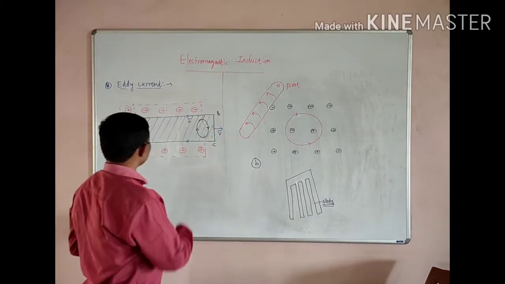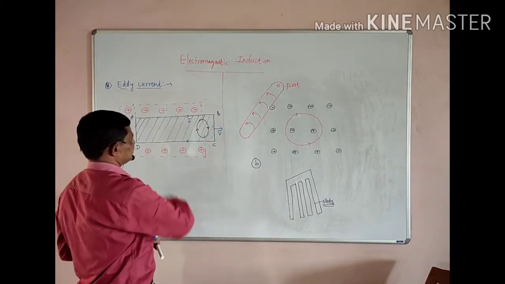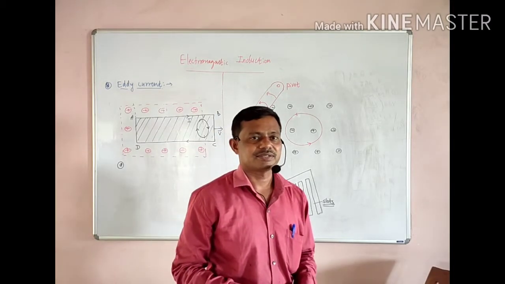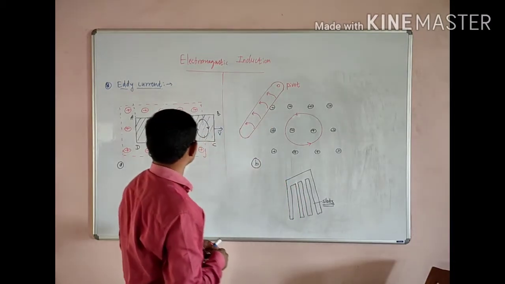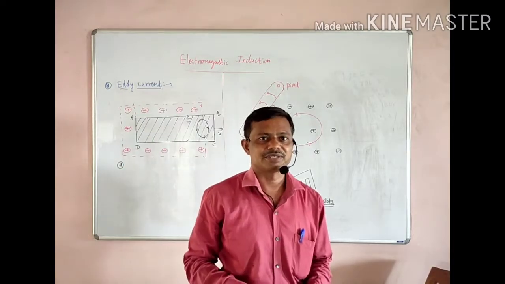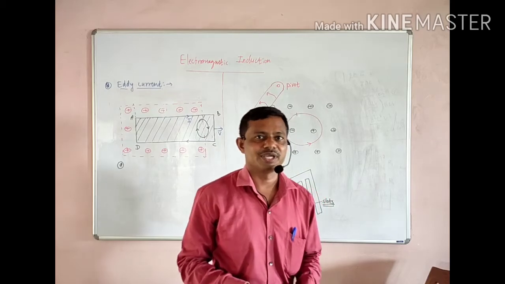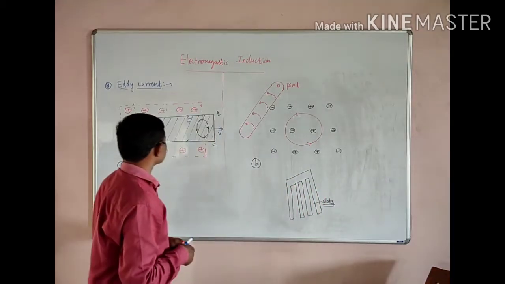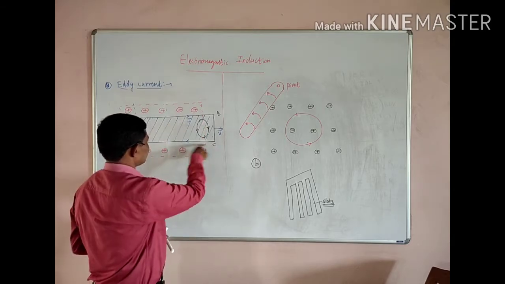Current is also induced here, but the electrons are moving inside this conductor in such a way that they don't have any path, as in the rectangular loop ABCD, in which there is a path along a conducting wire.